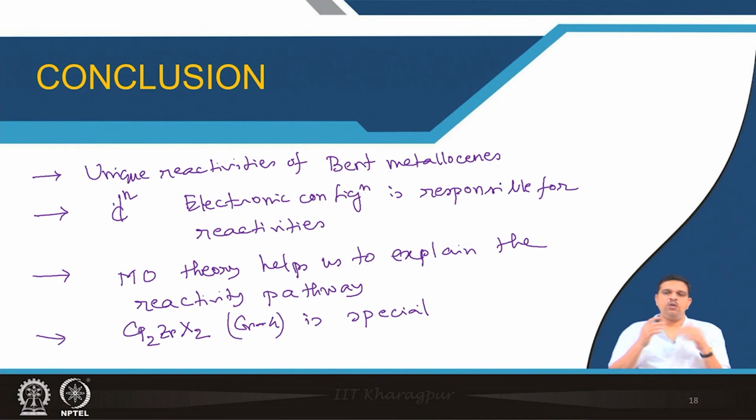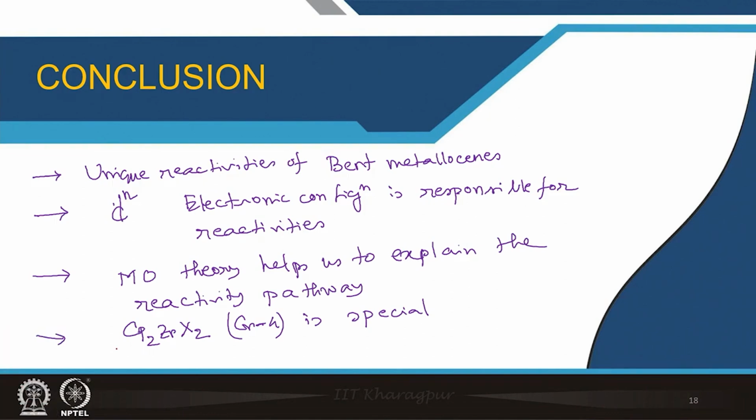Although you saw that many of the bent metallocenes of tungsten, tantalum or titanium are heavily used in catalysis and also in stoichiometric transformation of various organic compounds, which are still used in laboratory scale, and many of these are in industrial scale.